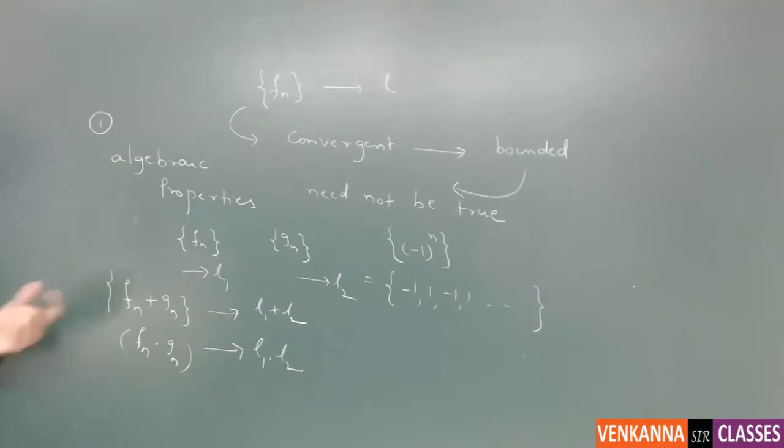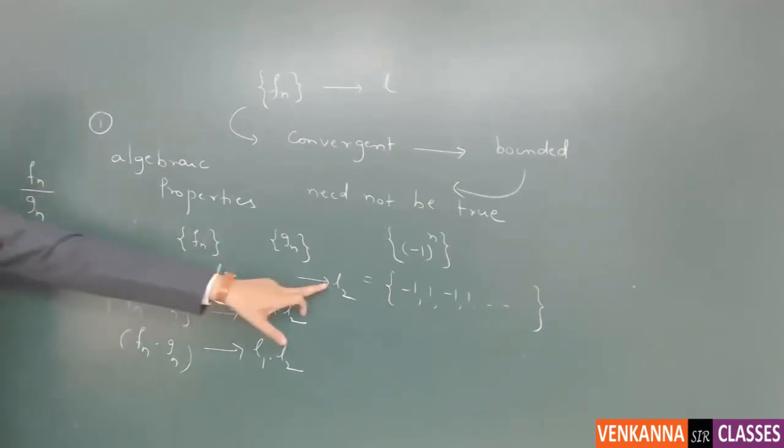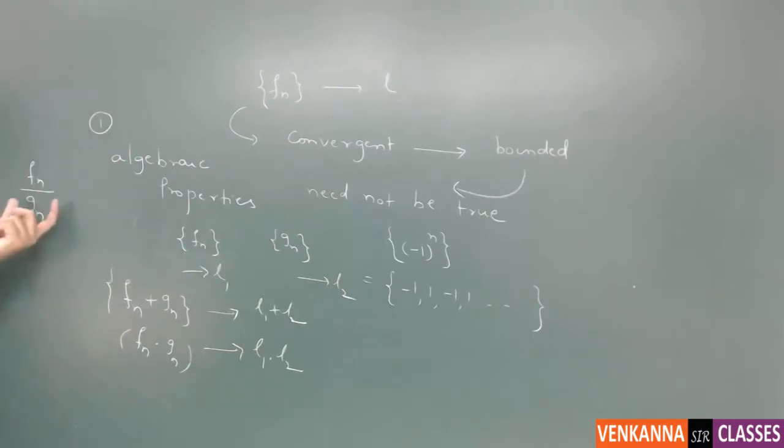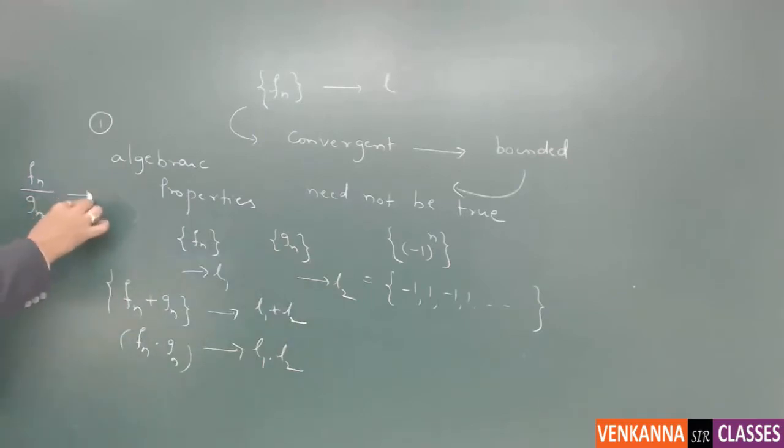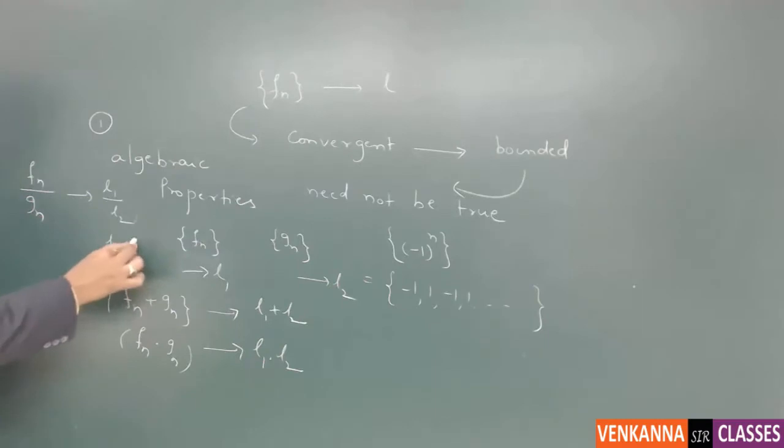Now, if you talk of the division, say Fn by Gn, since the denominator should not be undefined, the limit L2 must be not equal to 0. So it will tend to the limit L1 by L2 where L2 is not equal to 0.